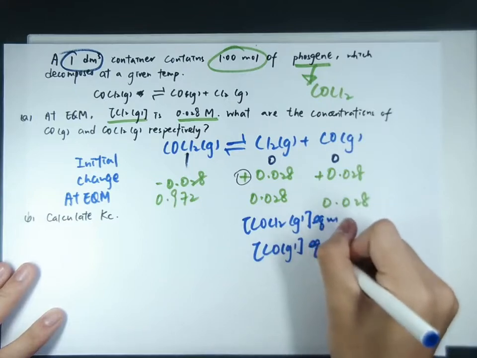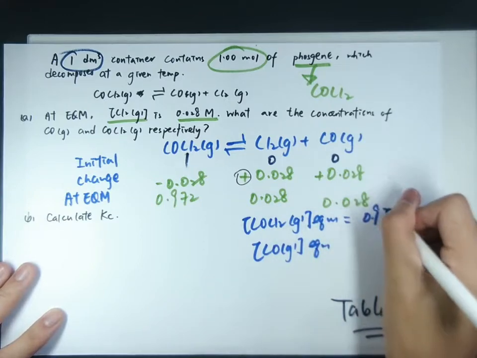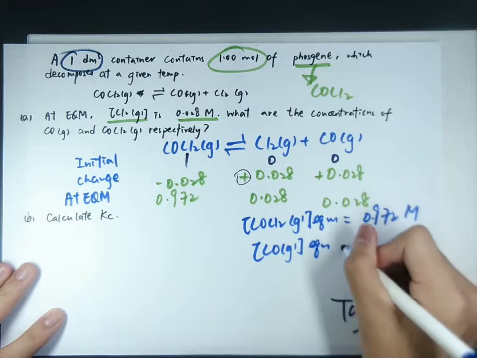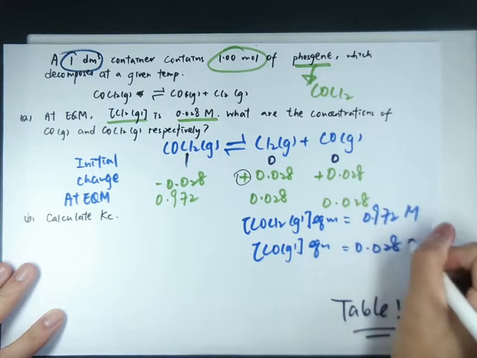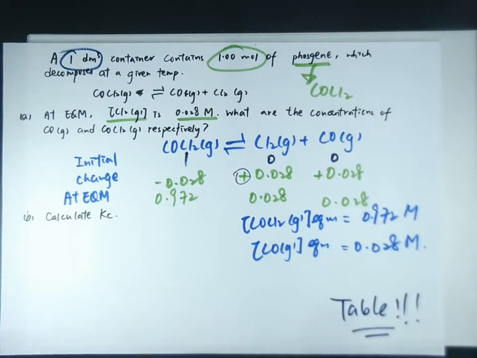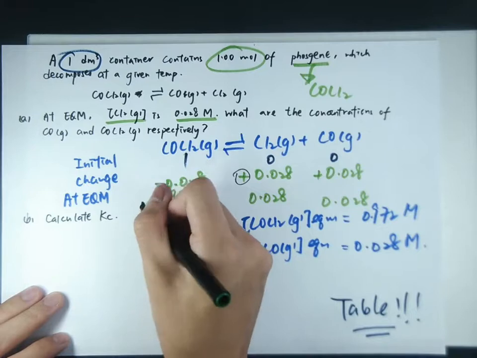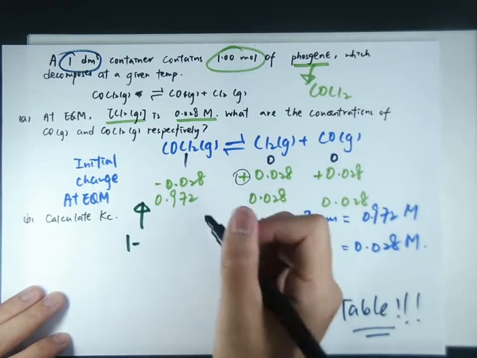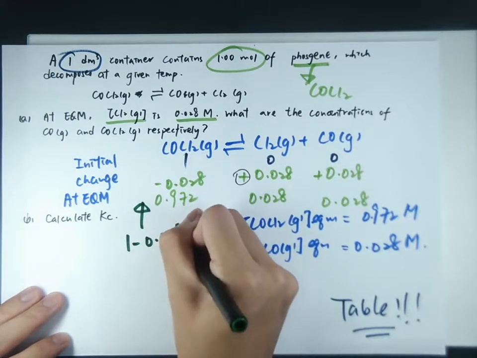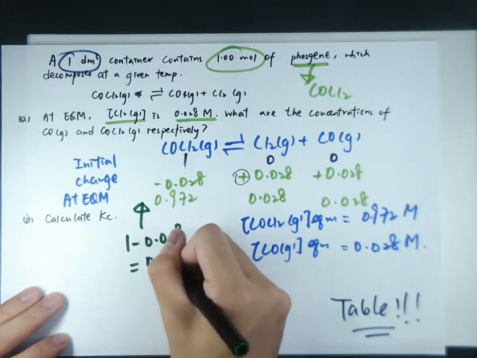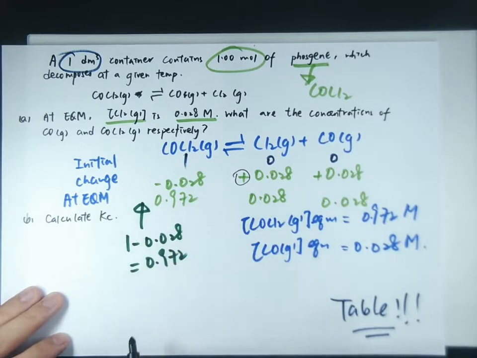This is 0.972 M. This is 0.028 M. Okay? However, when you are doing your calculation, it is suggested that in this part, you put down 1 minus 0.028 equal to 0.972 so that you can show your steps of calculation.